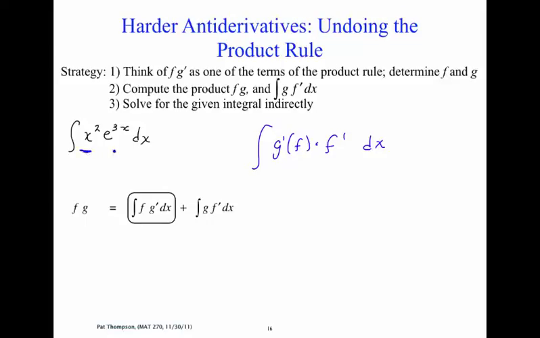Would it be x squared, or would it be e to the 3x? What are we looking for? We're looking for a composite function, one function plugged into another. So, Joel, which one? A or B? Joel, your voice changed. Joel is the person's name. It's Joel.